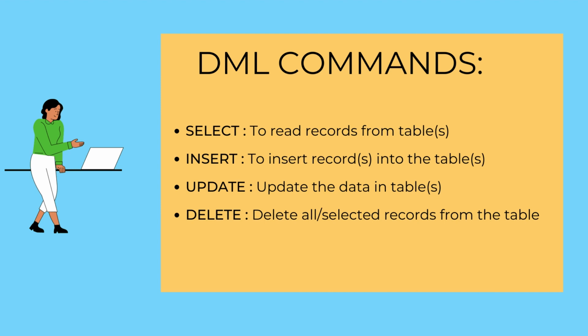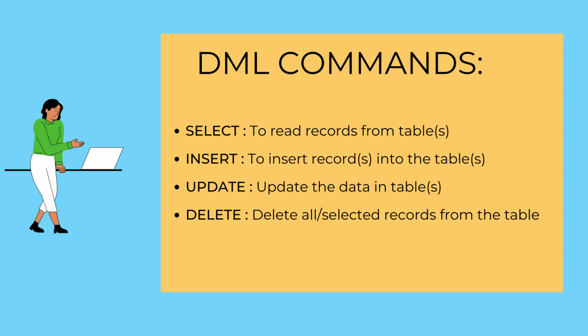In the next sequence of commands, we have DML commands. The first DML command is the select command, which we use to read the records from the table, or we can also call it accessing the records from a table. Second command is the insert command, which we use to insert a number of records into the table.